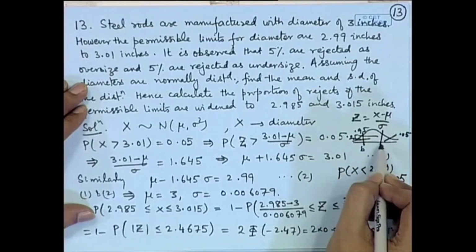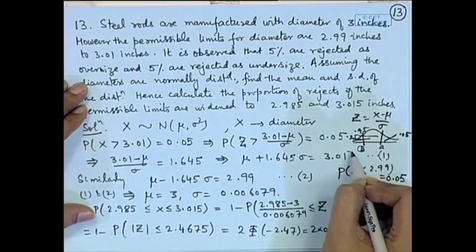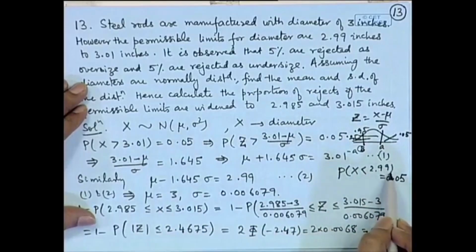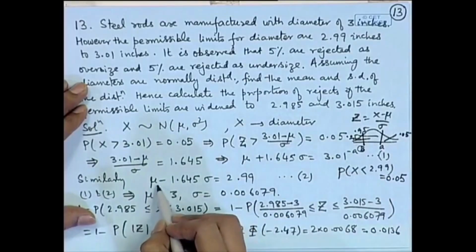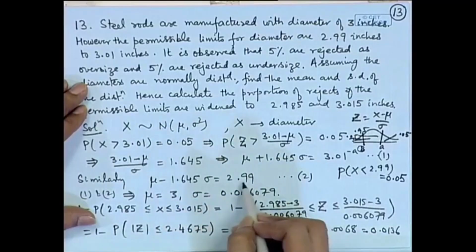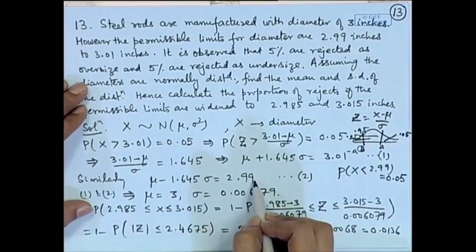Now, by the symmetry property of the normal distribution, this point will be actually minus a. So, we will get (2.99 minus mu) by sigma is equal to minus 1.645. After simplification it leads to the equation mu minus 1.645 sigma is equal to 2.99.